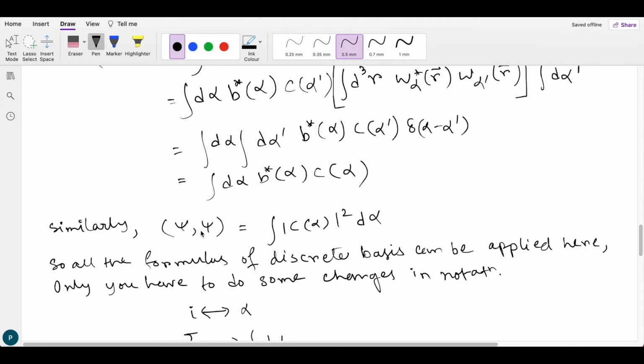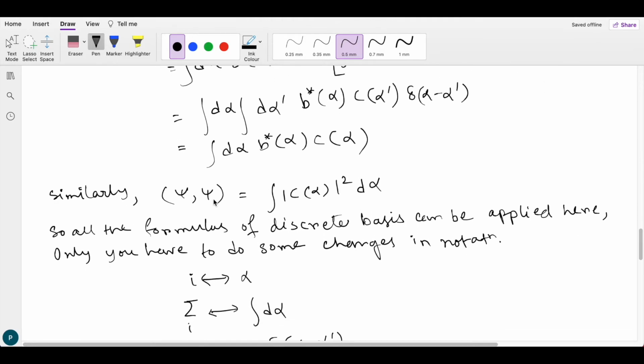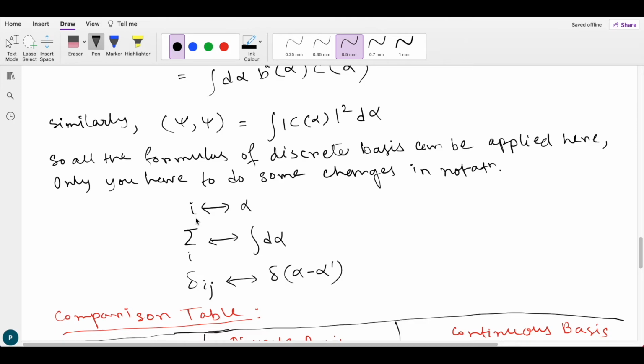Similarly, the norm square, that is the scalar product of psi with itself, is the integration of C alpha square d alpha. So all the formulas of the discrete basis can be applied here, only you have to make some changes in notation. You have to change the discrete index from i to a continuous variable alpha, the summation over i to an integration d alpha, and the Kronecker delta to the Dirac delta function.